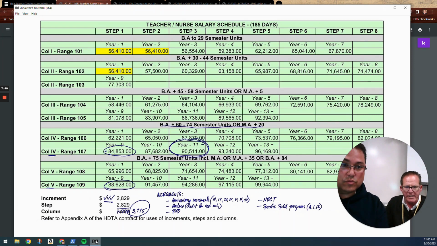But at this point, the top left part of your pay stub will identify your normal salary, not additional items. And that number should be that, as here we see in year 11, column 4, we see 90,511 circled. We would add our increments, and that would be the number that comes in your top left normal pay.